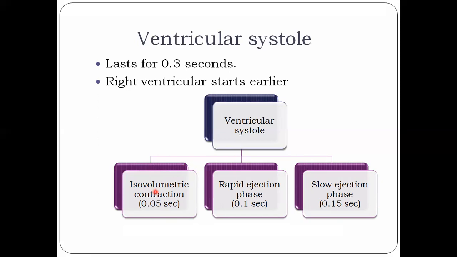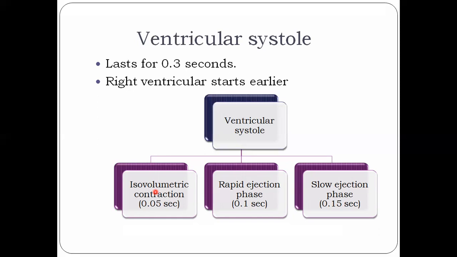So why is it the same? Why does the volume not change? Because the AV valves are closed. Since isovolumetric contraction means there is no change, the ventricles are contracting as a closed chamber. So when the ventricle contracts as a closed chamber, we have an increase in intraventricular pressure.